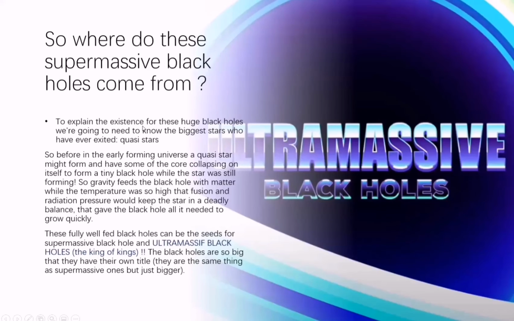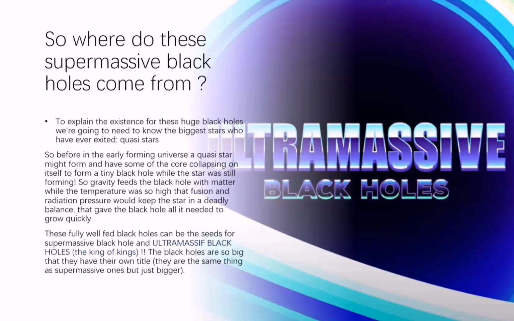To explain the existence of these huge black holes, we might need to know the biggest stars that ever existed. Quasi-stars. Quasi-stars are really massive stars. In the early forming universe, a quasi-star might form and have some of its core already collapsing on itself to form a tiny black hole while the star was still forming.